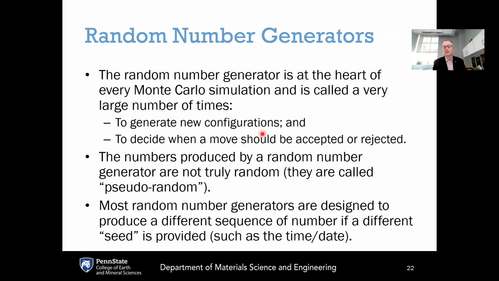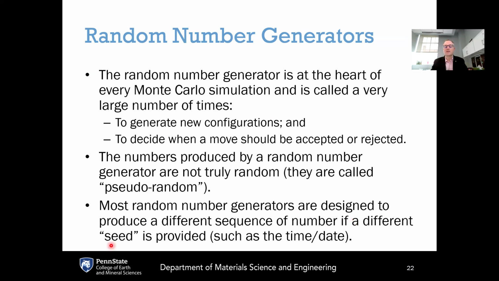And so what we need to do is have an algorithm where the computer can mimic the generation of random numbers. And these are called pseudo-random number generators. Most of these pseudo-random number generators are designed to produce a different sequence of numbers if a different seed is provided. So you provide the initial seed to the random number generator, and then it produces a sequence of numbers based on that seed.